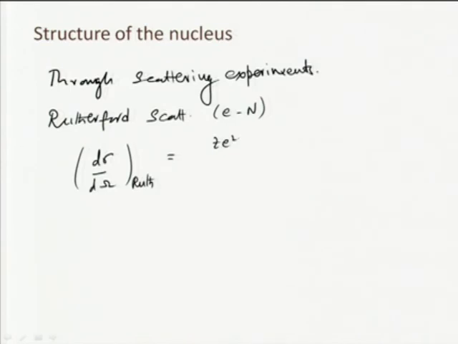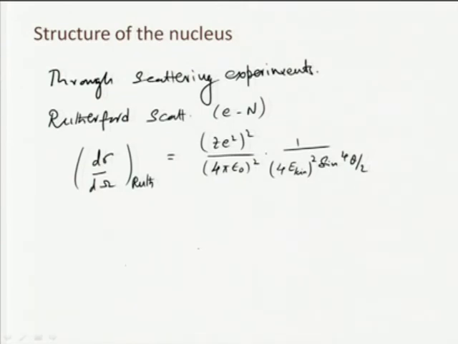This is basically, in the case of electron-nucleus with atomic number Z, (Z e square)^2 over (4 pi epsilon 0)^2, times 1 over 4 (kinetic energy of the electron)^2, times 1 over sin^4 (theta by 2), and theta is essentially the scattering angle.